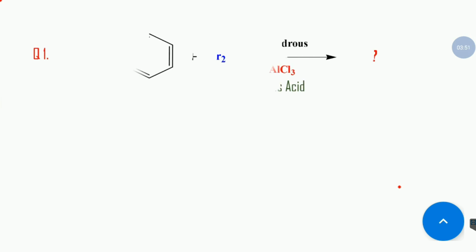Okay. Now there is a very important question, number 1. What happens, or what is the product, if we try to do bromination of benzene in the presence of this AlCl3 Lewis acid?